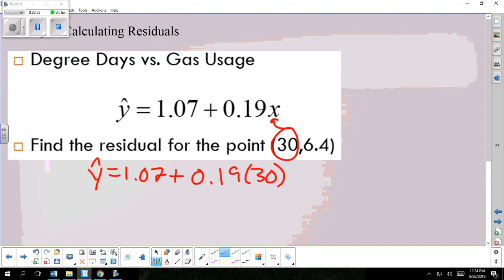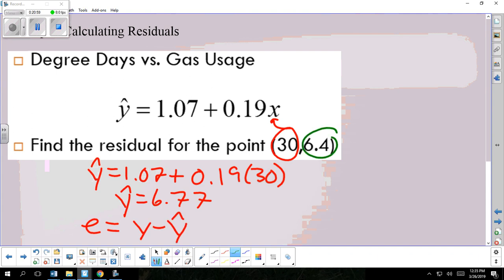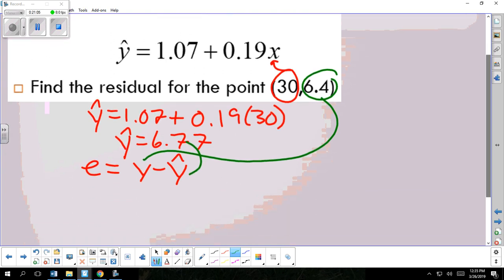This will give us our predicted value for that x coordinate, and I get y hat of 6.77. Now my residual, or the error in the regression line, is the observed y minus y hat. Our observed is the actual y, and there's our predicted. So the error is 6.4 minus 6.77.